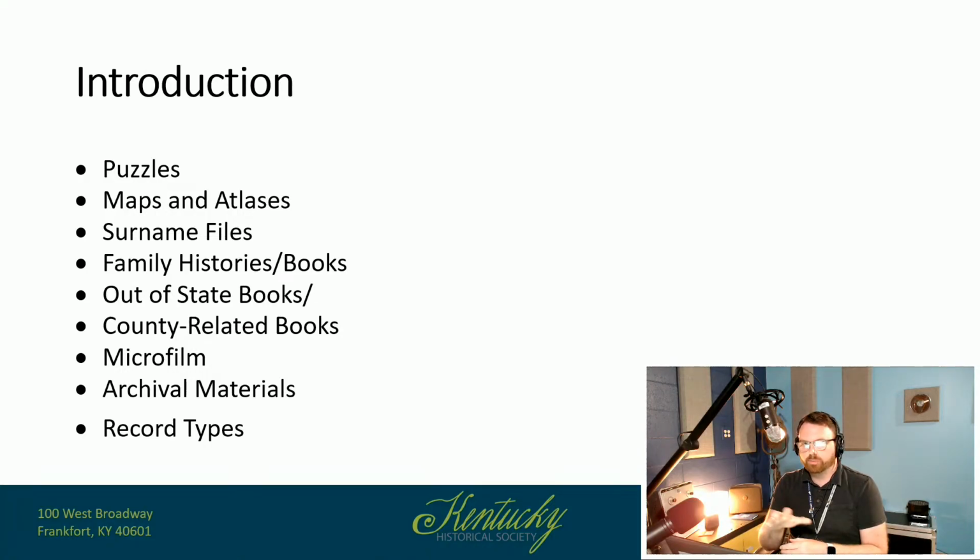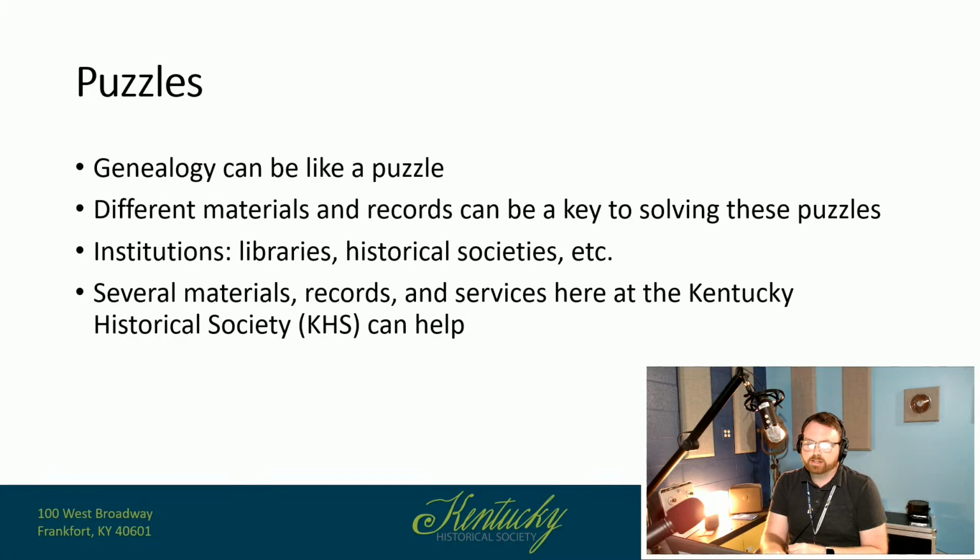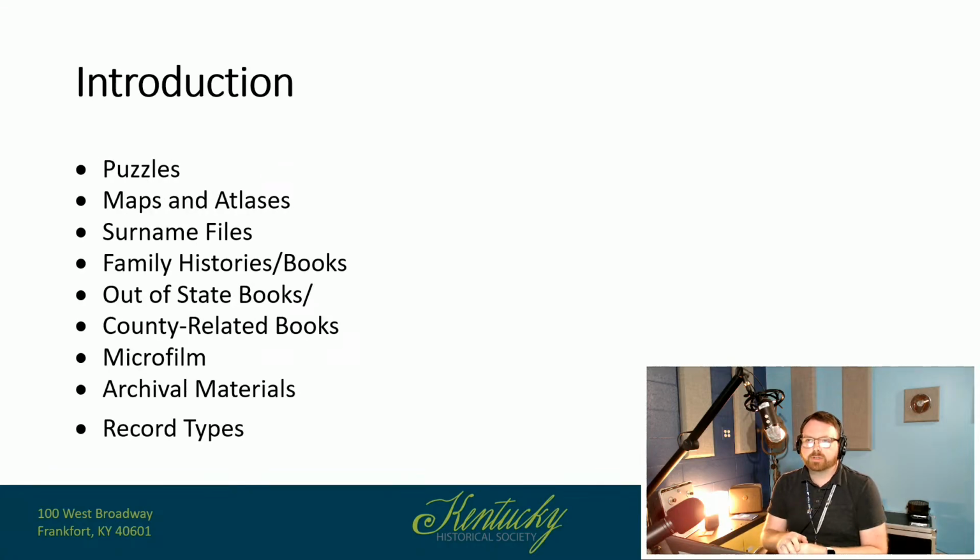And I'll show a little picture and talk a little more about that when we get to it. And there's also microfilm, and there's also archival materials. And then other record types, some of the key ones would be birth records, death records, marriage records, I believe probate records such as wills and things like that, and we'll cover more in that section when we get to it.